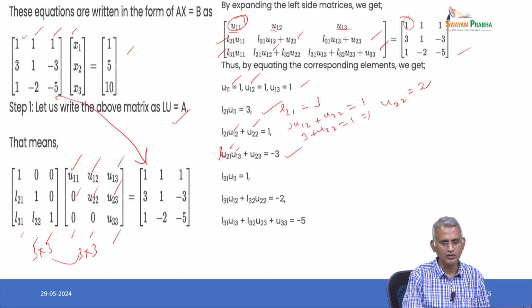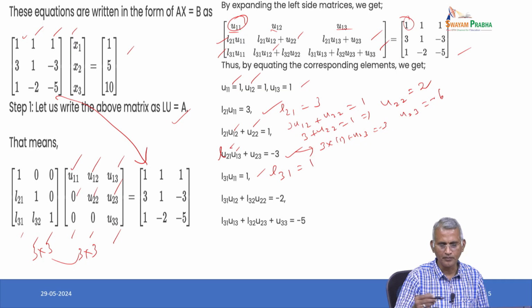Similarly, third row first column L31 into U11 equal to 1, U11 you know is 1, therefore L31 equal to 1. Here L21 equal to 3, 3 into U13 which is 1 plus U23, which we do not know, equal to minus 3, and then from this U23 equal to minus 6 will come.